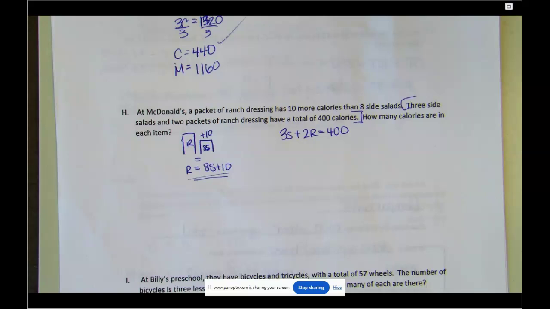Before. 3S plus 2 parentheses, 8S plus 10. Yep. Equals 400. Do you get that? There you go. Yep, you're good.